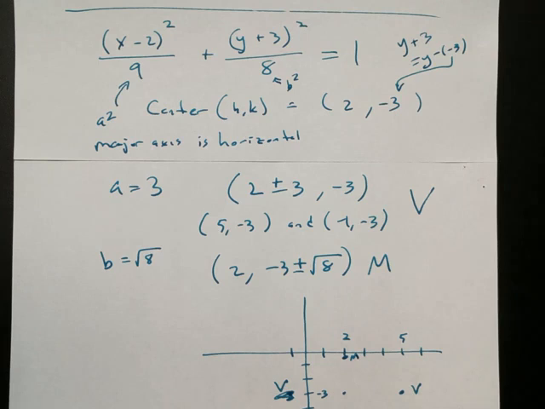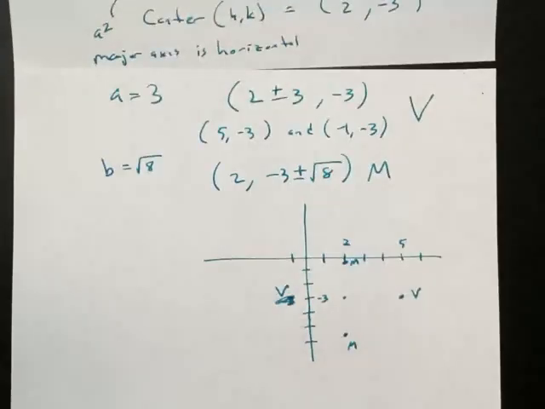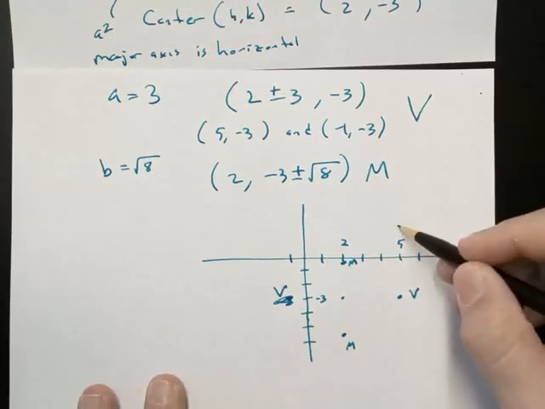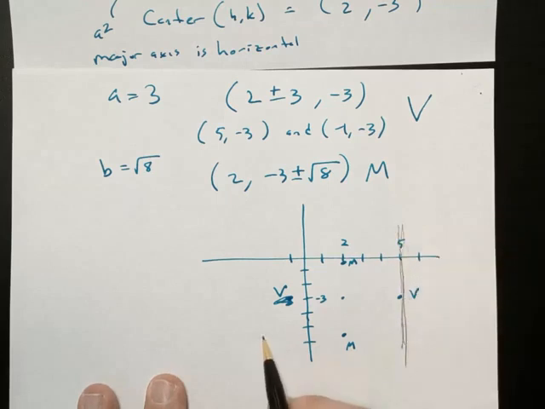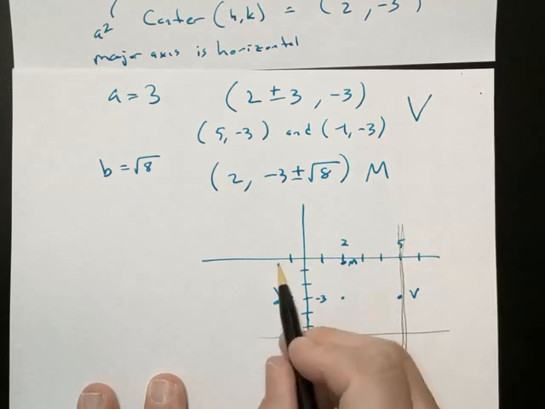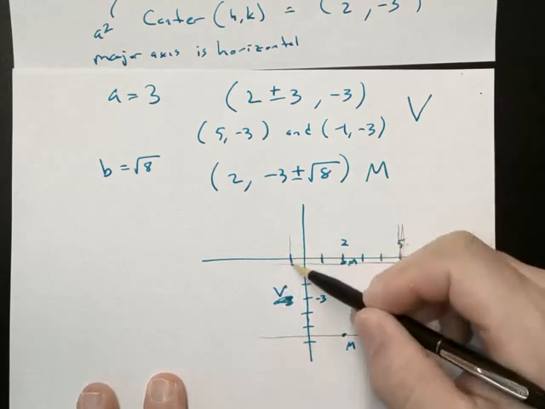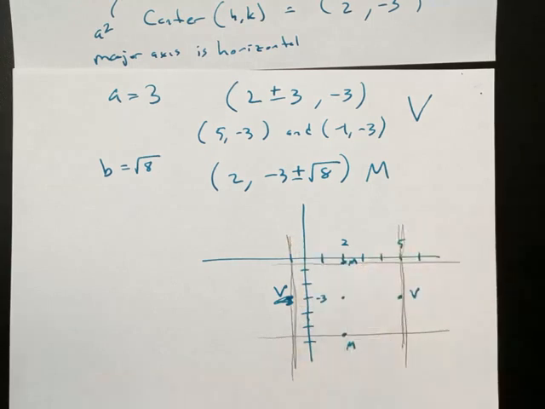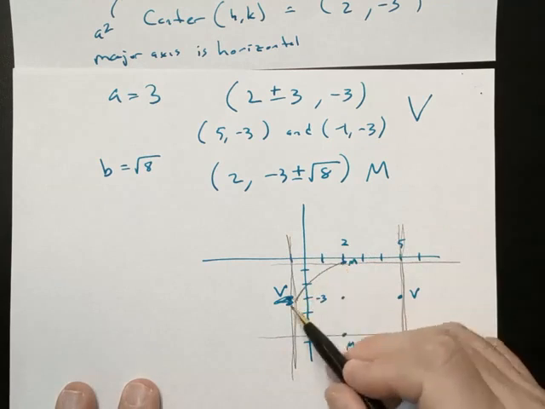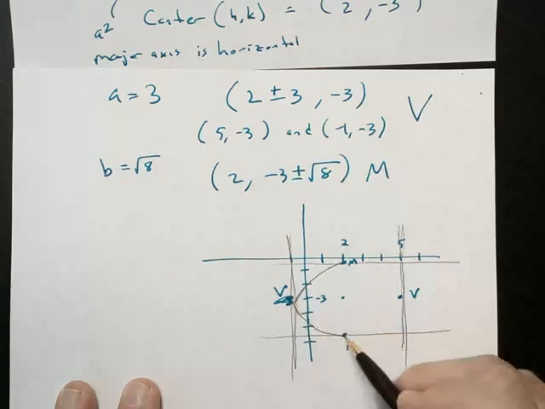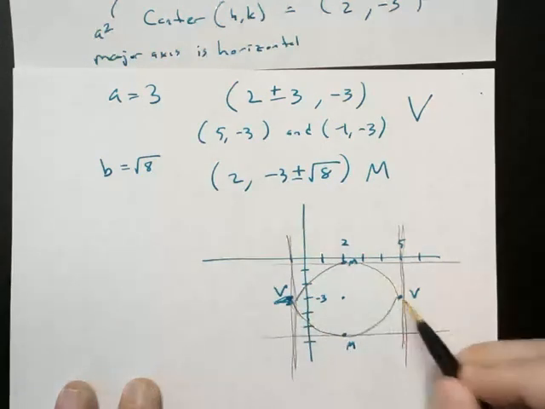There's my other minor point. And that means I can draw in the little box. And my ellipse should look like that.